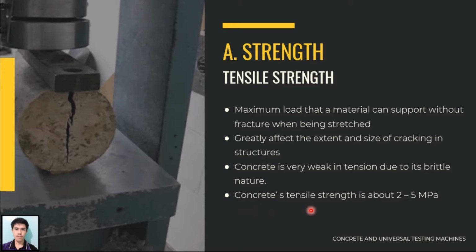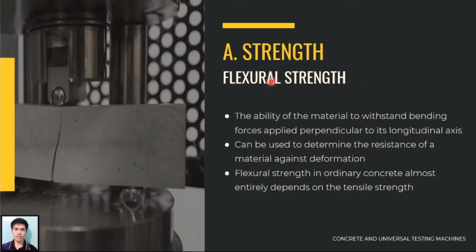Concrete's tensile strength is about 2 to 5 MPa lang, unlike dun sa kanyang compressive strength na usually 15 to 30 MPa. So pag sinabi nating tensile strength, yung ability niya to resist tensile stress, which is yung mga pahila, no? Unlike dun sa compressive. The next one is flexural strength.